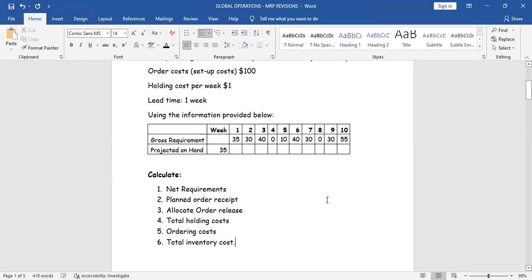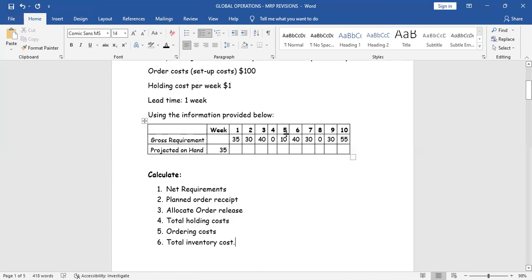All right. Now if you want to be effective in the way you are answering the question, when you look at this table, it only has how many rows? 1, 2, 3, 3 rows. The first row is for weeks, the second row is for gross requirements, and the third row is for projected on hand.